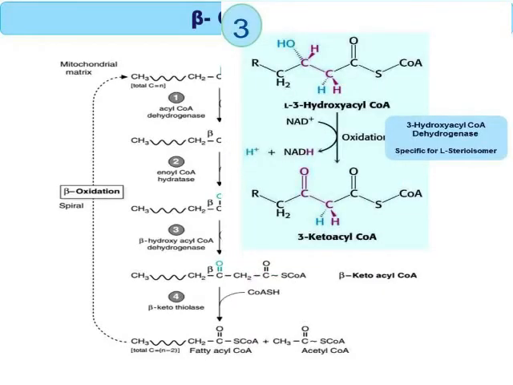Step 3, or the second dehydrogenation step. L-3-hydroxyacyl-CoA is dehydrogenated to form 3-ketoacyl-CoA by 3-hydroxyacyl-CoA dehydrogenase, which is specific for the L stereoisomer but has no chain length specificity.